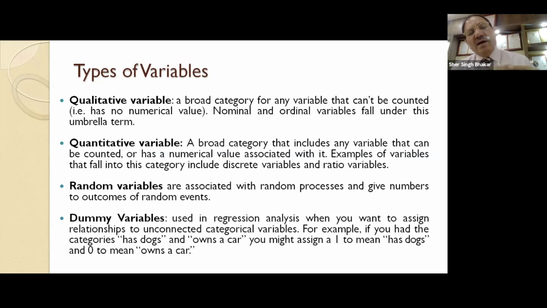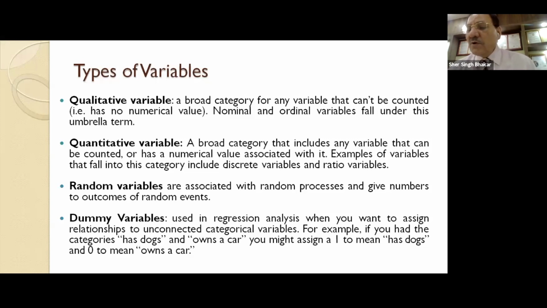Variables can be divided into two categories based on whether it is a quantifiable variable or a non-quantifiable variable. A quantifiable variable is called a quantitative variable, and a non-quantifiable variable is a qualitative variable. A number of non-quantifiable variables have now been quantified using indirect measures.